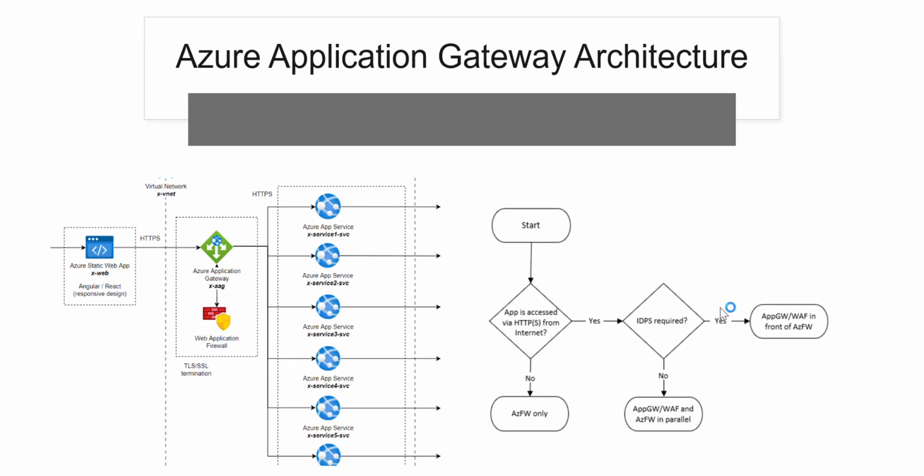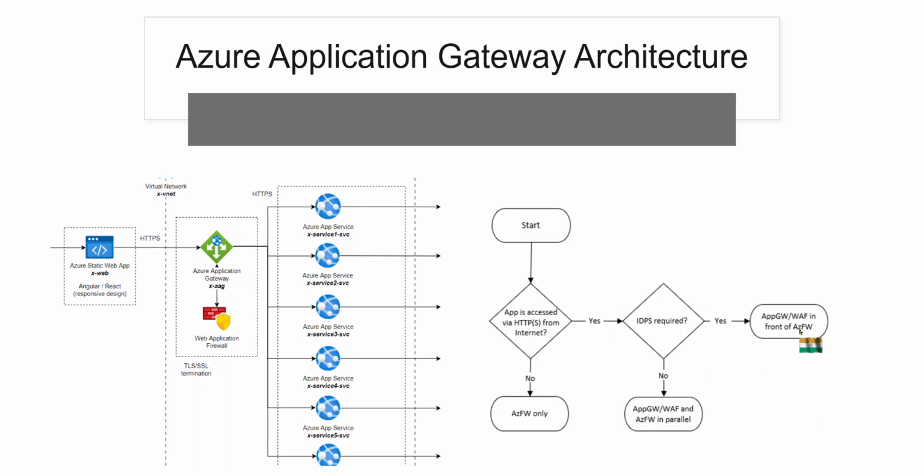If you don't need it to be detected, then it will go through the application gateway and the web application firewall and Azure firewall in parallel. There are two scenarios shown here.